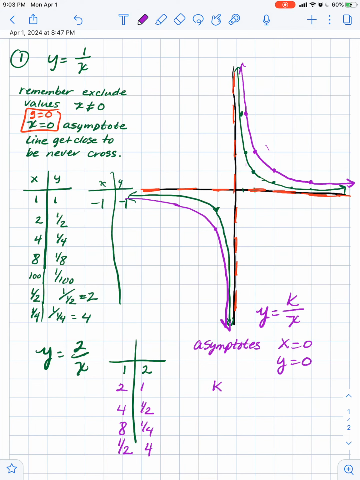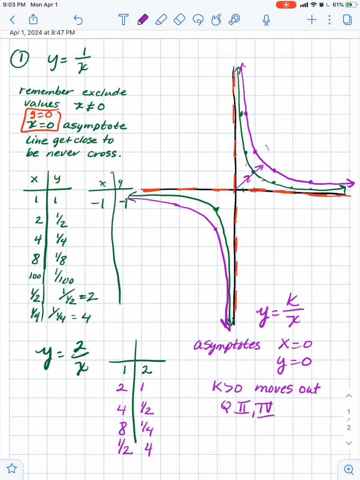And when k gets bigger, it just moves it further out from the origin. And they are reflections, and they are in quadrants 1 and 3. Talk about our quadrants: 2, 1, 2, 3, and 4. So all of those are going to look like that.